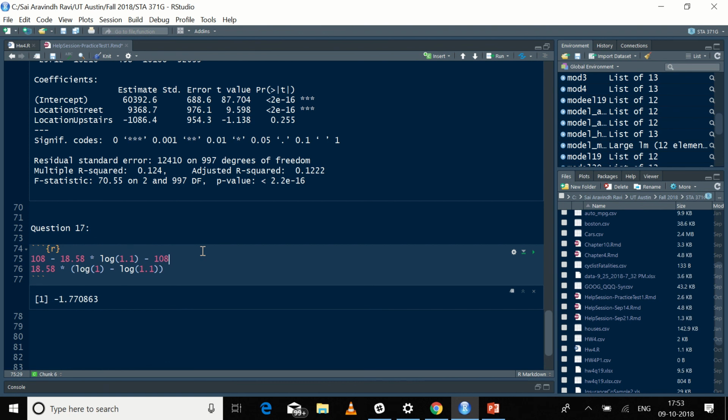Because I need to have the whole thing in brackets, I'm removing it, so it'll be plus 18.58 times log of 1. All right. Someone asked me why the 108 does not appear. It's because it gets cancelled. You're predicting the change. When you're predicting the change in y, always remember that the intercept term goes off.